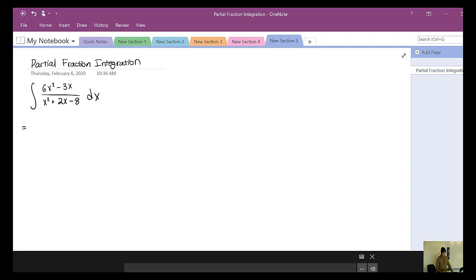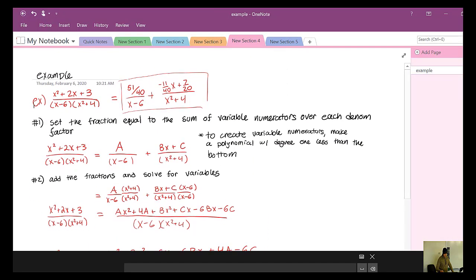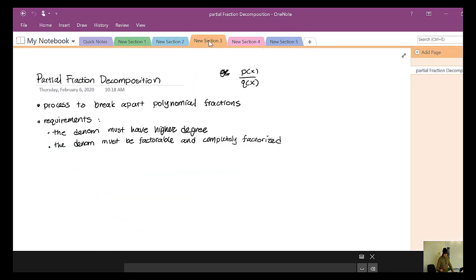Okay, so first thing we should ask ourselves, is this a viable fraction to do partial fractions on? If we go back to the requirements, we need to have a denominator with a higher power and a denominator that's factorable. So does that apply in this instance?